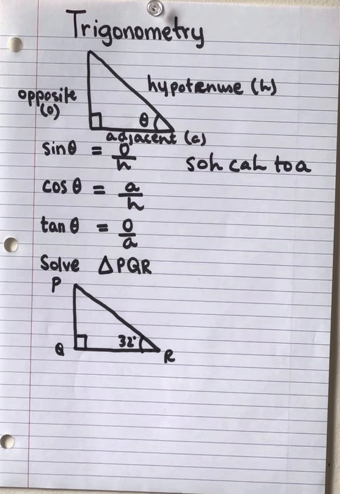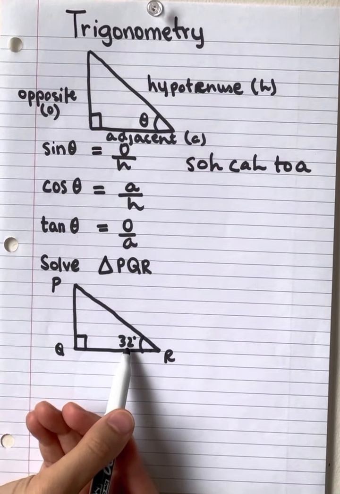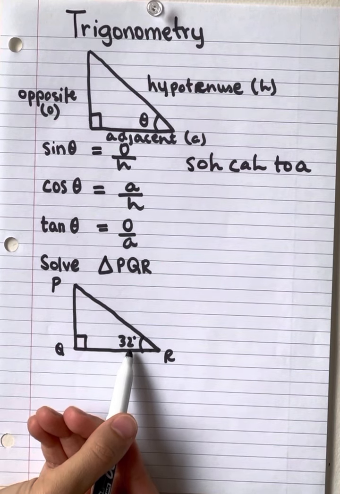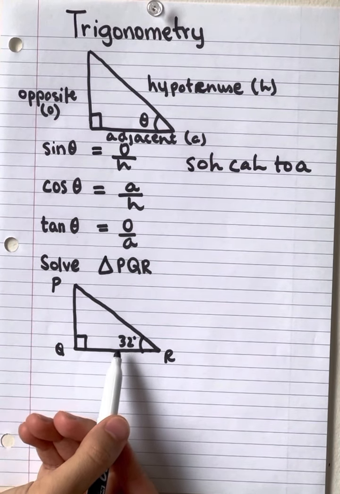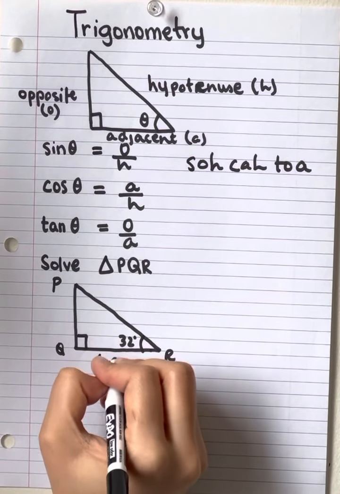So here we are given a triangle PQR, and we are also given an angle and a length from Q and R, which is 6.2 centimeters.